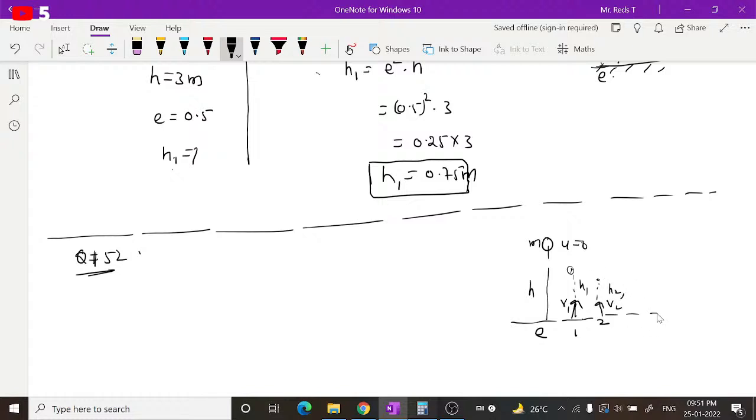Like this, it undergoes an infinite number of collisions or impacts, and then it comes to rest. So the total distance traveled, by the already derived formula, is h plus 2h1 plus 2h2 plus so on. This gives d is equal to h into (1 plus e square) by (1 minus e square).